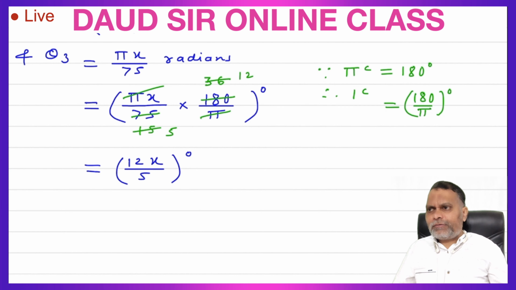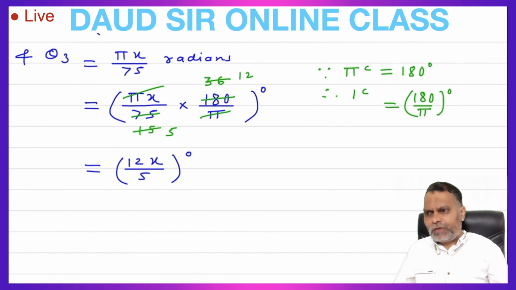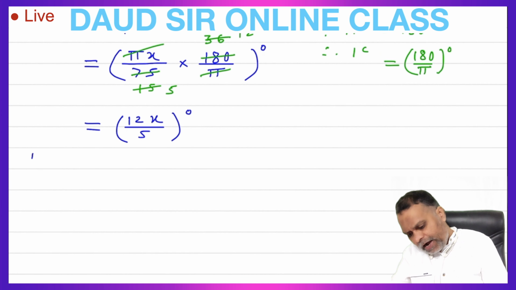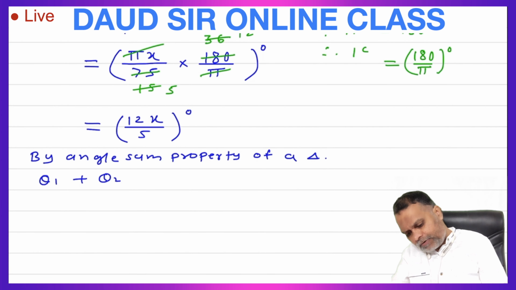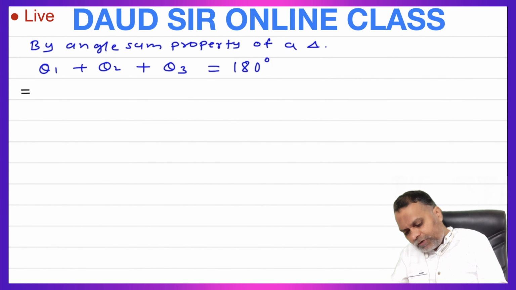Okay, so all three angles we got in degrees. Now we can use the angle sum property of a triangle. By angle sum property of a triangle, theta 1 plus theta 2 plus theta 3 is equal to 180 degrees.